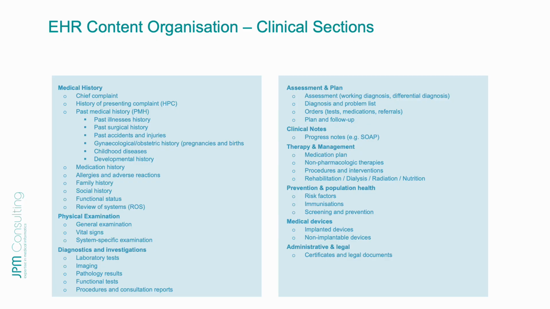These sections are grouped into main categories such as medical history, physical examination, diagnostics, therapy, and clinical notes. Each category contains a set of more specific sections. Clinical sections provide internal order. They make it faster to find information and they support communication and handover.